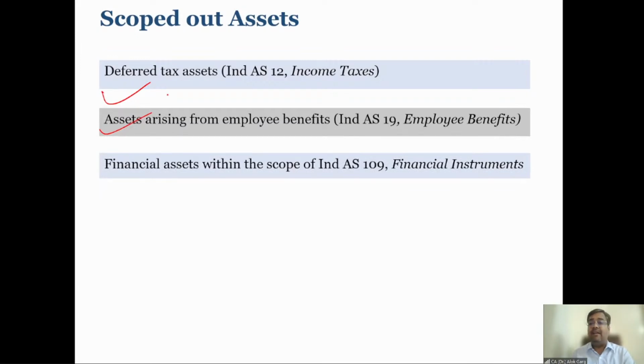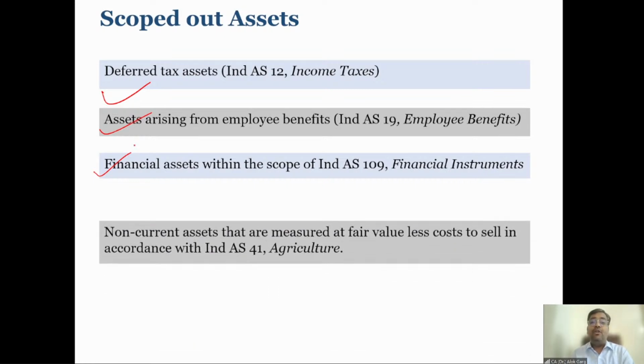For example, when I'm selling a factory, I am also selling my debtors. So this is a financial asset. You will be reading this financial asset under Ind AS 109. So if there are financial assets in the disposal group, those financial assets will be measured as per Ind AS 109, not as per Ind AS 105.